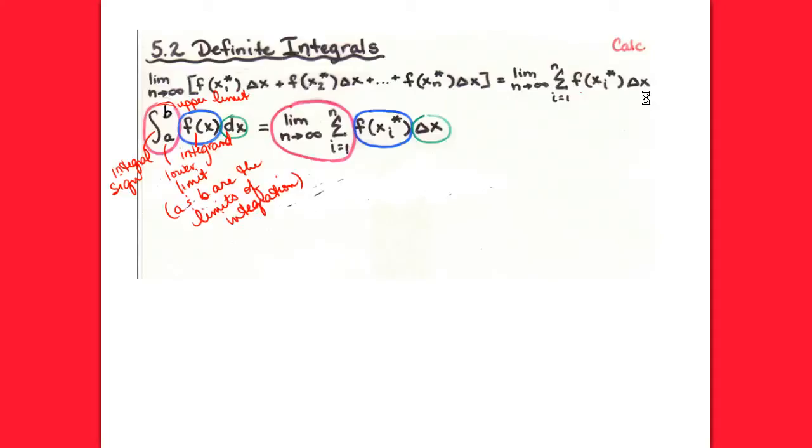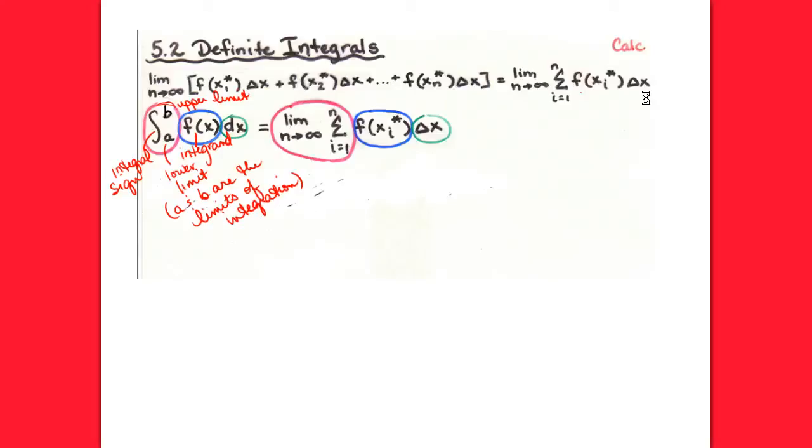If f is a continuous function defined between a and b, we divide that interval ab into n subintervals of equal width so that the change in x is equal to b minus a over n. We let x sub 0 be the a value and x sub n equal the b value. Those are the endpoints of the subintervals.